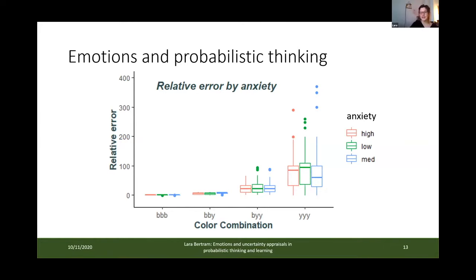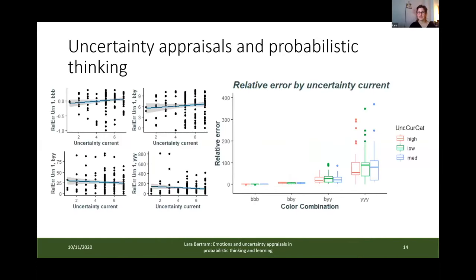And I see an interaction of people's anxiety and also of their uncertainty with how well they're doing on these probability questions. So I'm happy to share these slides if you want to have a closer look at the data or the plots I have.